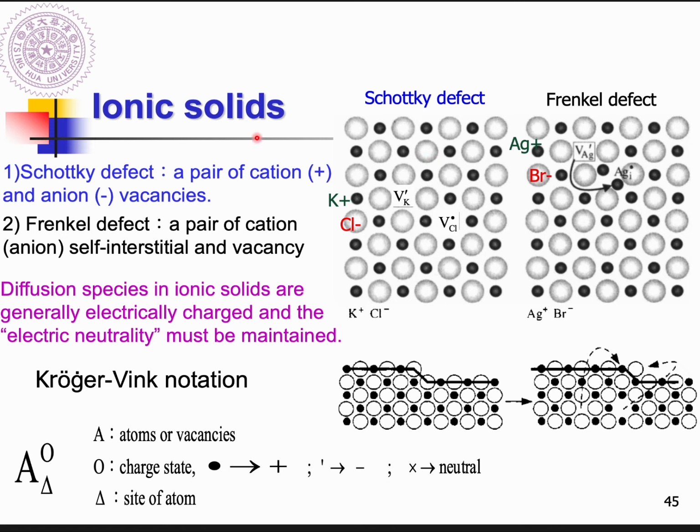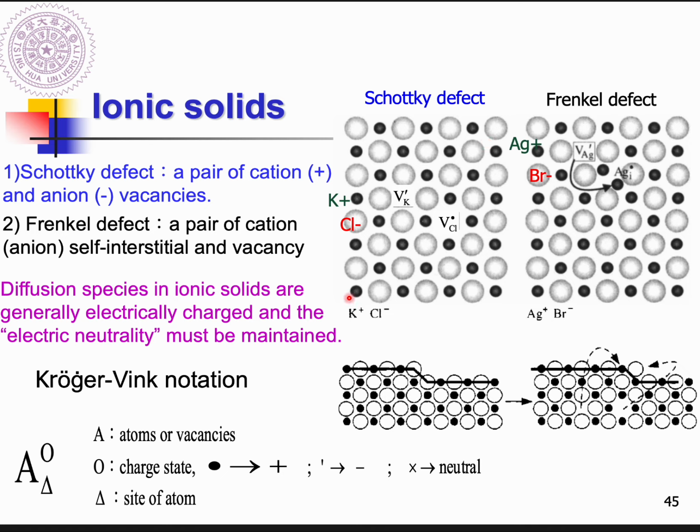So let's move to the first part. In ionic solid materials, there are two commonly seen vacancy formation mechanisms. The first one we call a Schottky defect, which means that a pair of cation and anion vacancies are created inside your ionic solid material.